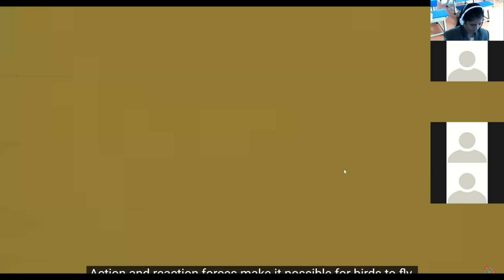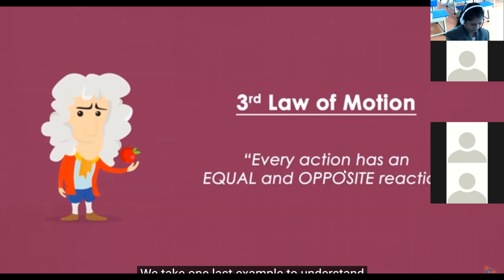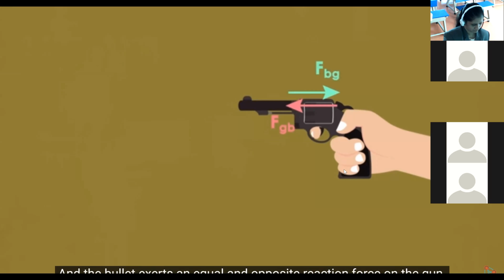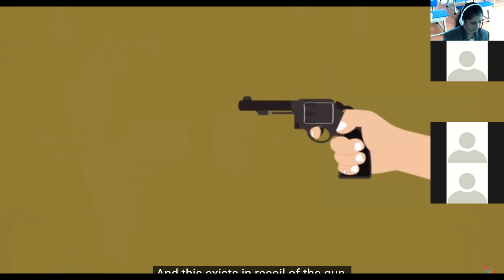We take one last example to understand something very interesting about the third law. What happens when a gun is fired? You're right, it exerts a forward force on the bullet. And the bullet exerts an equal and opposite reaction force on the gun. And this shows up in the recoil of the gun. A perfect example of Newton's third law. But hold on.